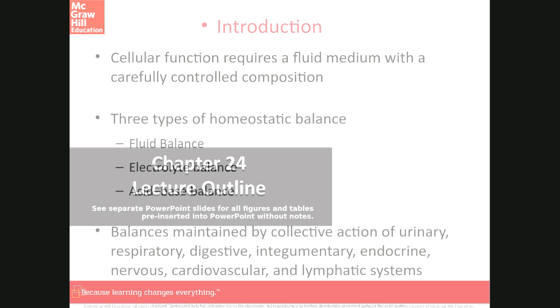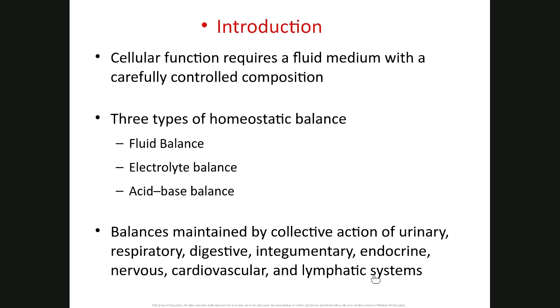This is WEAB, Water Electrolyte Acid Base Balance. Cellular function requires a fluid medium which is carefully controlled in composition. So the balance should be homeostatically in place: fluid, electrolyte, acid base balance. Now, this is maintained by many organ systems.